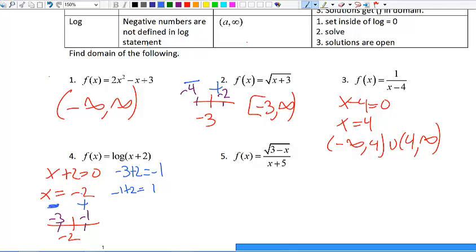So I want to say that it's anything bigger than negative 2. Unlike the square root, I actually don't want negative 2 in this. So the negative 2 has a parenthesis on it, and that'll guarantee positive numbers. Okay.